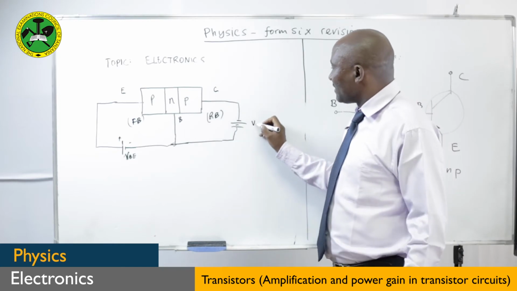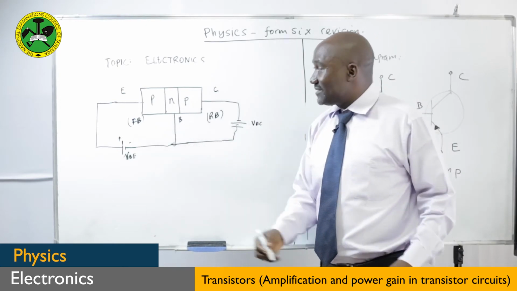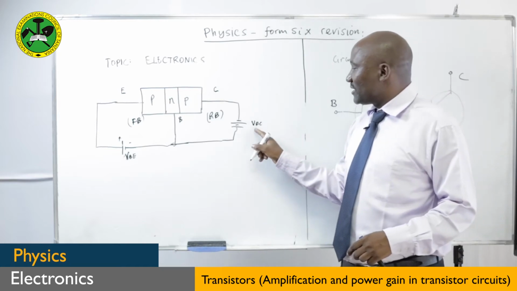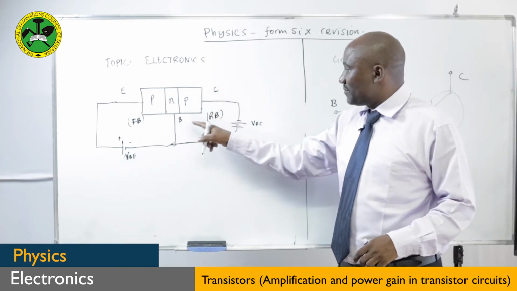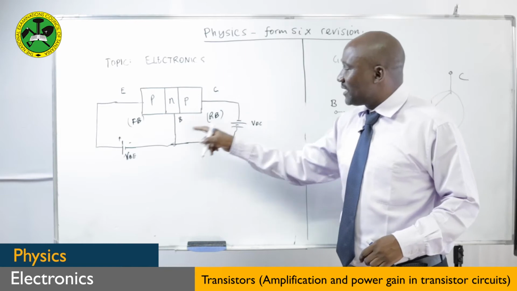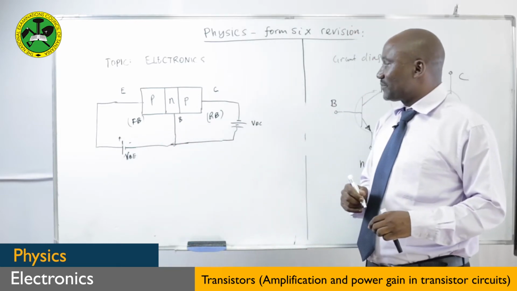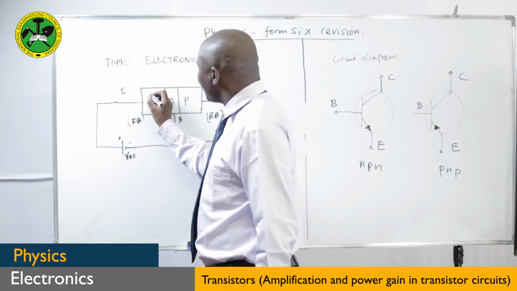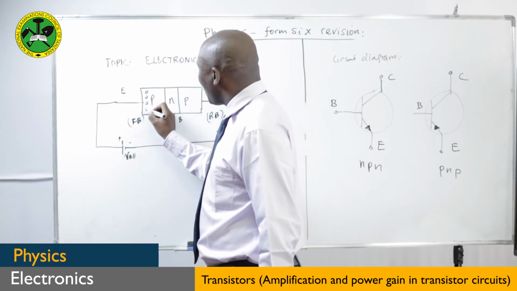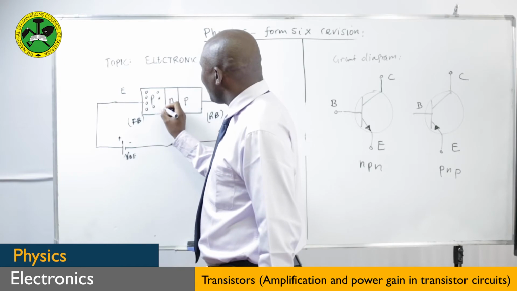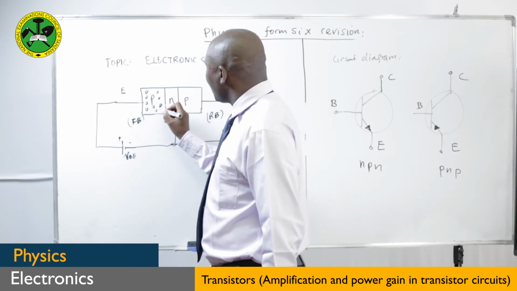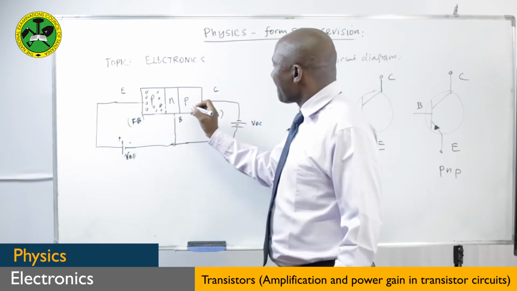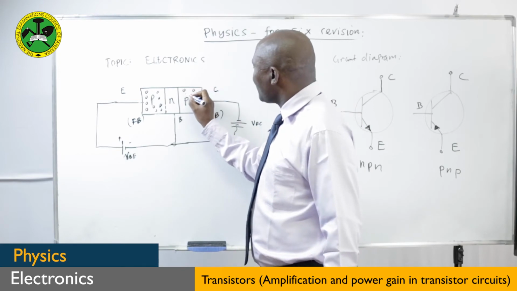The voltage here, this voltage should be greater than that. We shall see the reason why we make the voltage across the base collector greater than the base emitter. Now, by this arrangement, since we have these inside here, we have holes. The symbol for holes we normally use is this, and we have very few electrons here. Most of these are holes.